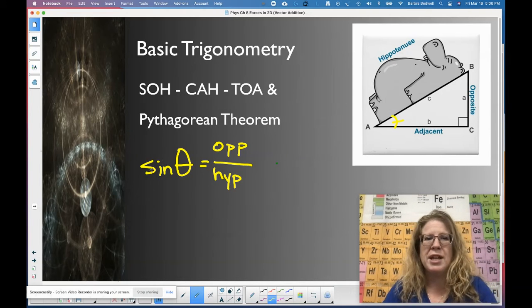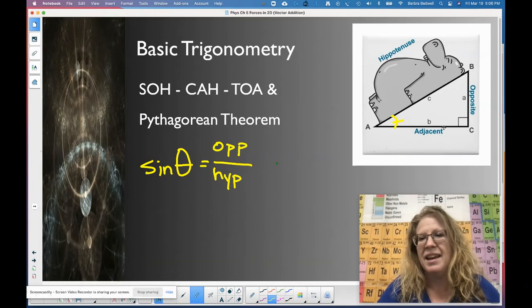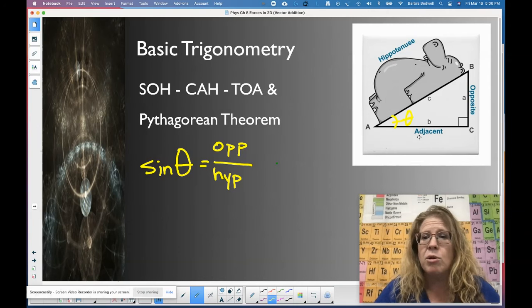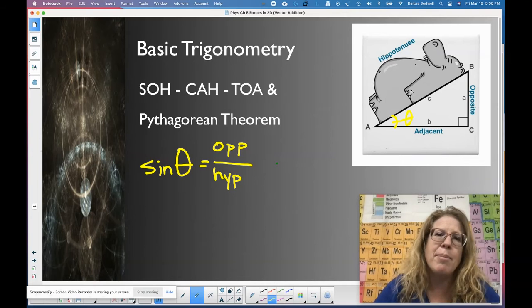That's what SOH stands for. The sine of the angle is equal to the ratio of the opposite leg divided by the hypotenuse. The opposite is always the leg directly across from the angle that we're measuring. So if this was our theta, this is the opposite leg. And then this leg that's touching the angle would be called the adjacent leg. And again, the side across from the right angle is called the hypotenuse.